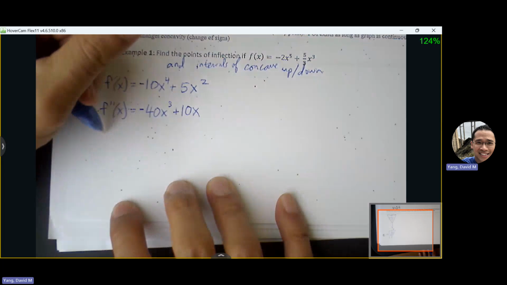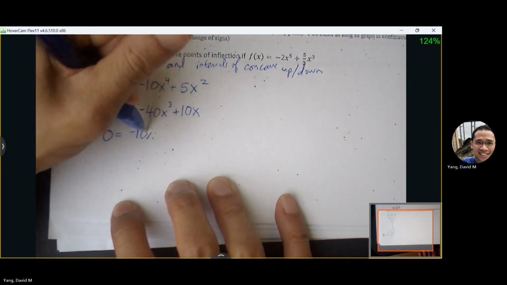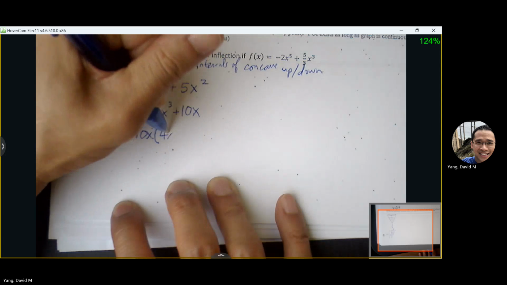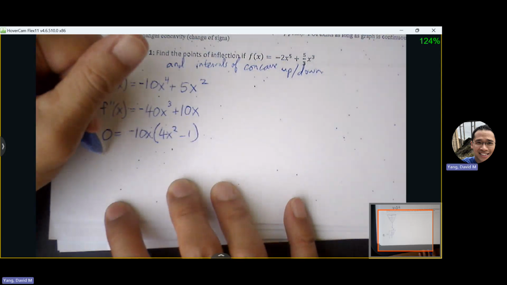Set f double prime equal to 0, and then find your critical points.